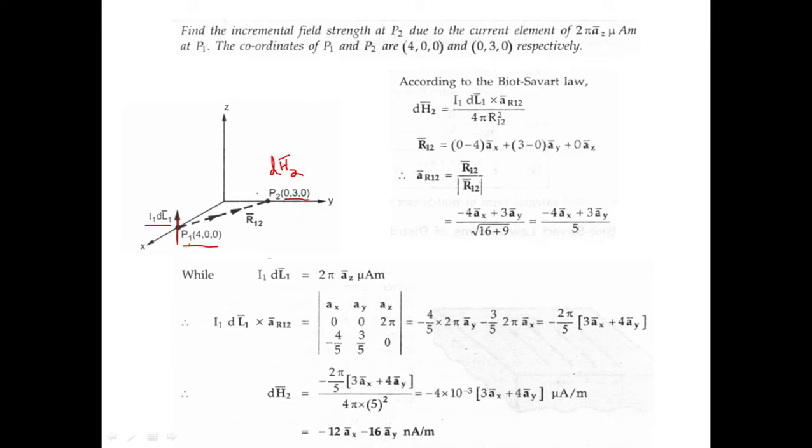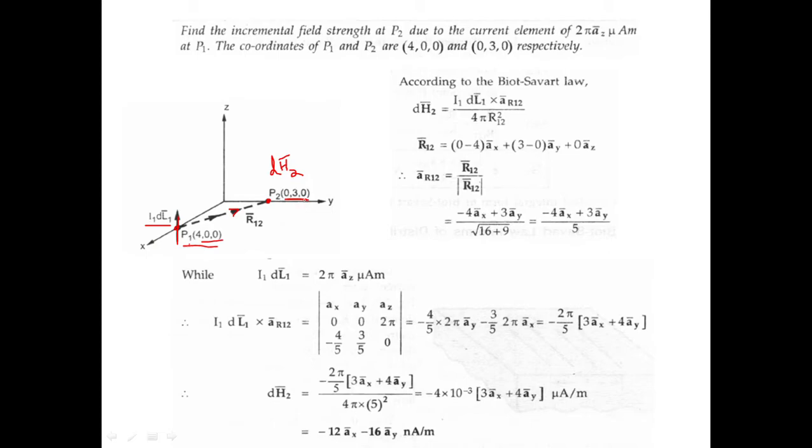So now obviously the arrow will be towards this side because we are calculating the effect at point 2 due to point 1. The coordinates of the first point are (4,0,0) and the coordinates of the point where we have to find the field intensity are (0,3,0).